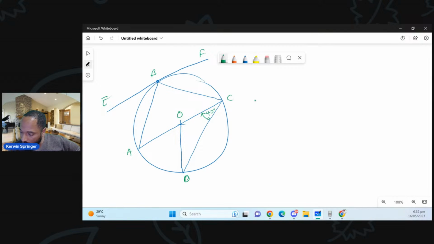So if that angle is 40, I want to know the value of angle ADO, the value of angle CAB, put it in the chat as soon as you see it, and the value of angle ABC, and the value of angle CBF. And they will want reasons for why you take those angles at that value. So can you get the value of those angles?